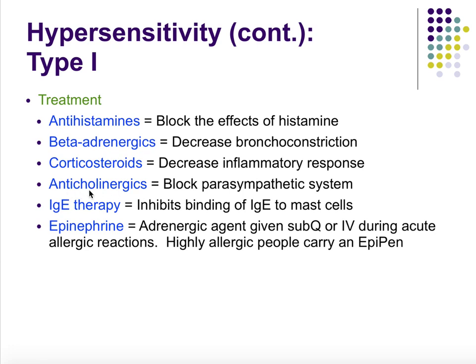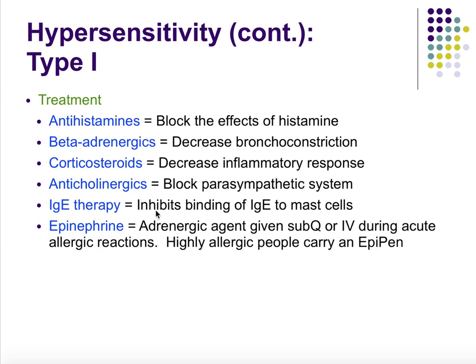Anticholinergics. So when you see cholinergic, you should think of the parasympathetic nervous system. Now here we have an anticholinergic, so we are going to block the parasympathetic nervous system. So the parasympathetic, for example, is a bronchoconstrictor. So by blocking the parasympathetic, we will no longer bronchoconstrict.